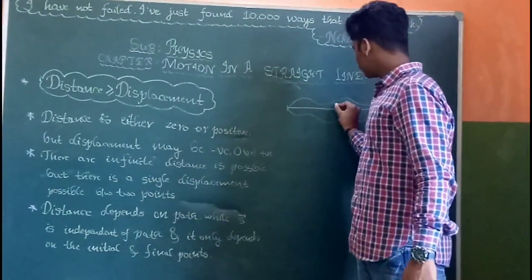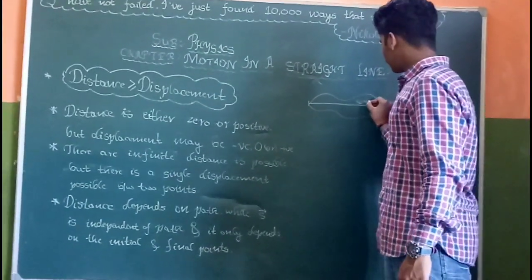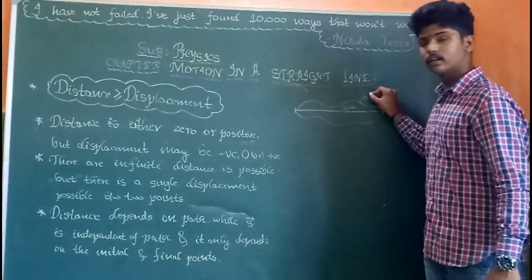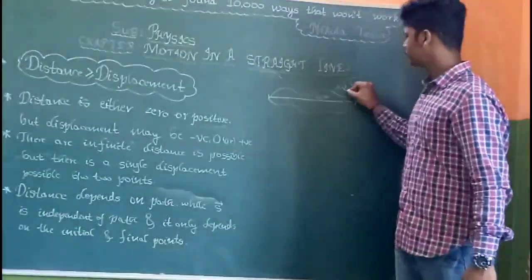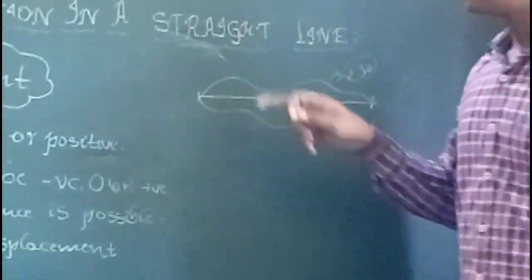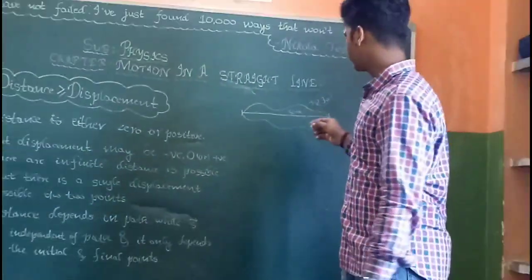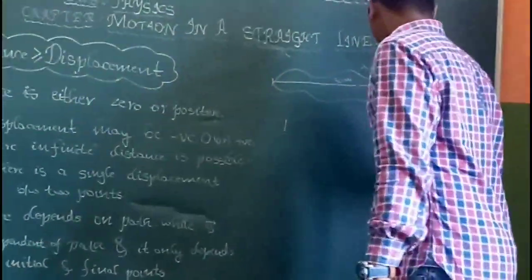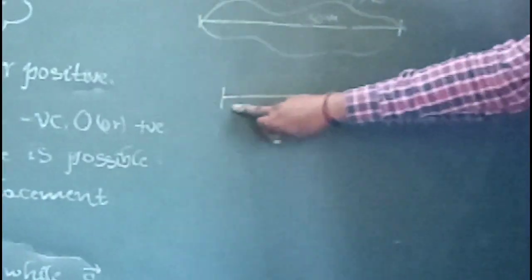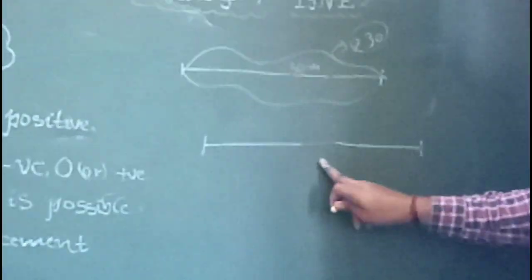If you consider this is 30 meters, by common sense this path is greater than 30 meters, so distance is greater than displacement. So how is distance equal to displacement? If the object travels along the shortest path between these 2 points, then distance is equal to displacement.